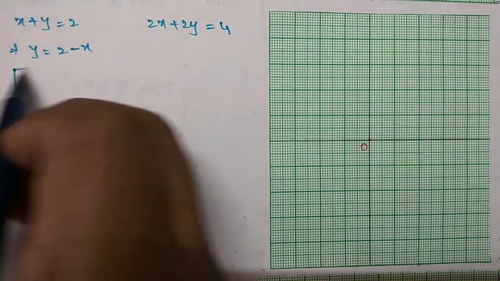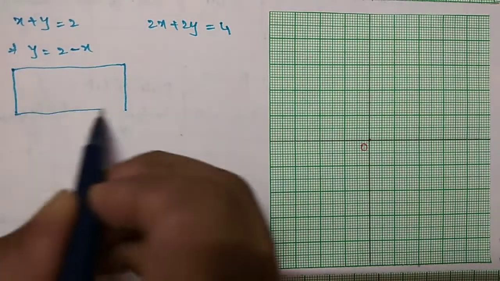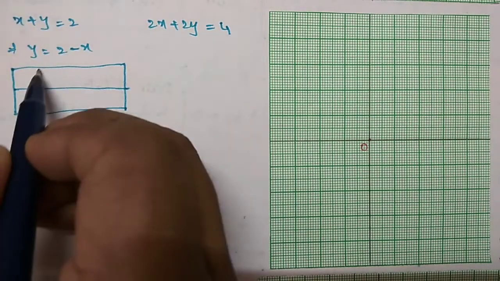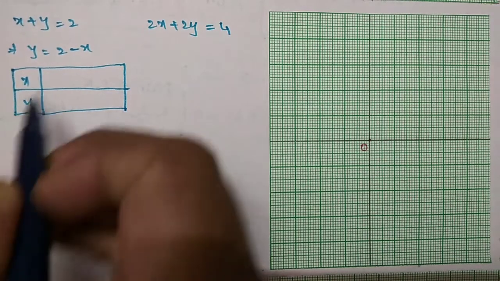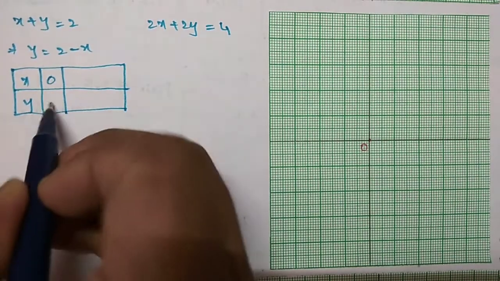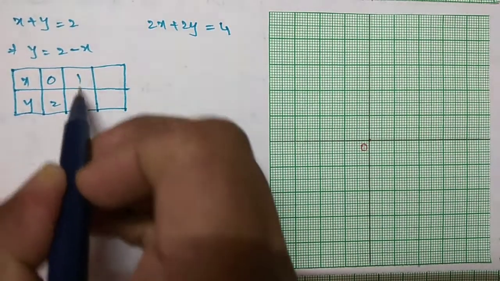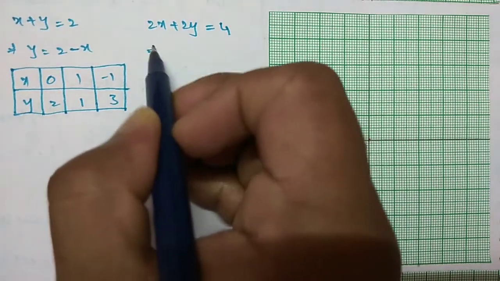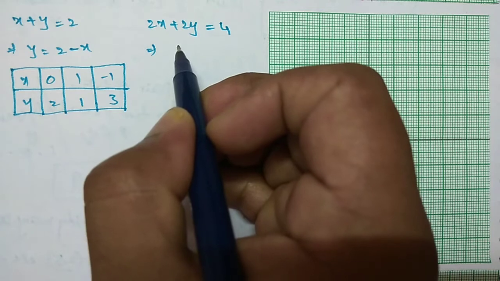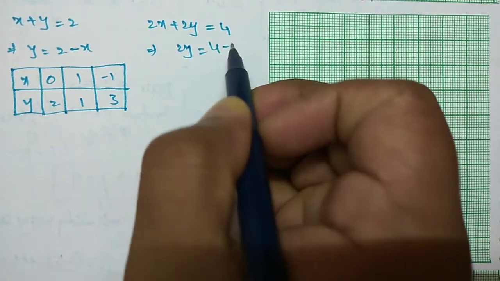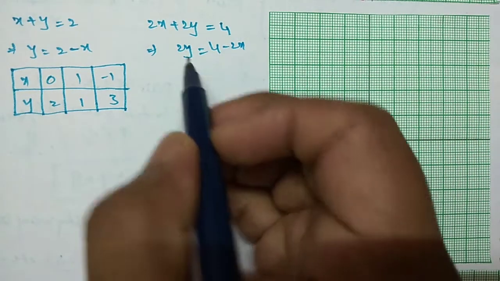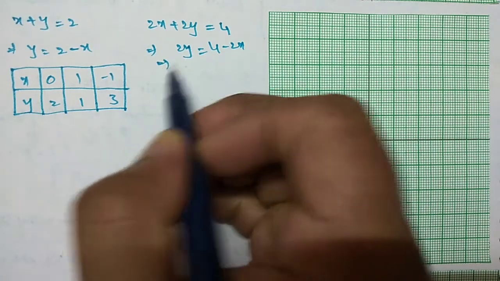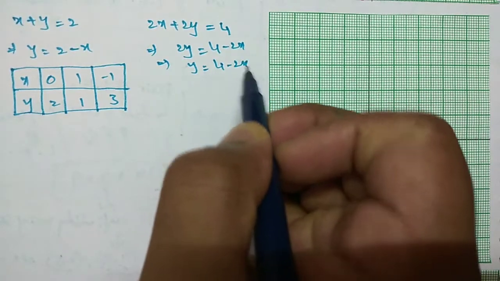So write the ordered pairs. So this is x, y. If it is 0, this is 2. If it is 1, this is 1. If it is minus 1, this is 3. From this we can write 2y equal to 4 minus 2x. So y equal to 4 minus 2x by 2.